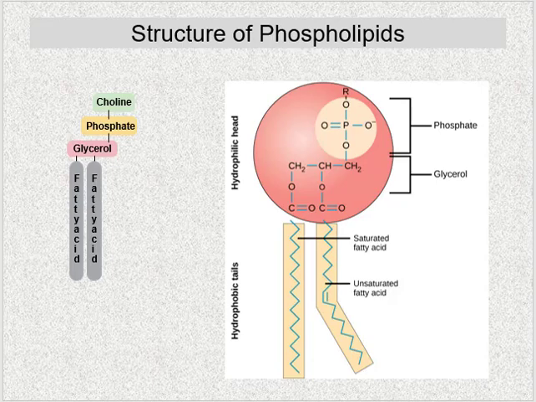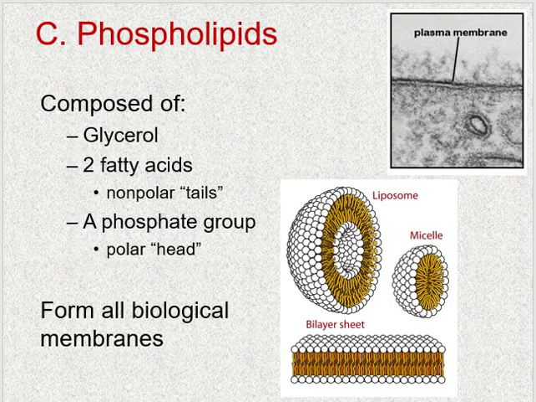Okay, now I'm going to back up a slide to show y'all something called a micelle. Now, a micelle is this little circle right here. This occurs when you drop a bunch of phospholipids into a container of water. The phospholipids will orient themselves so that their hydrophilic heads will face the water surrounding them, and their hydrophobic tails will become the inside of this circle, so that it is, so to say, segregated from the water.